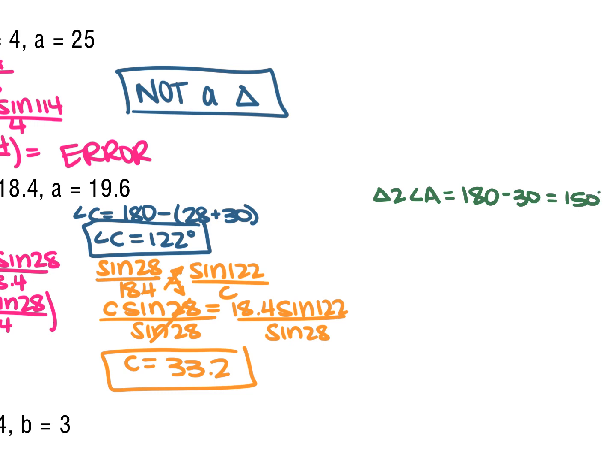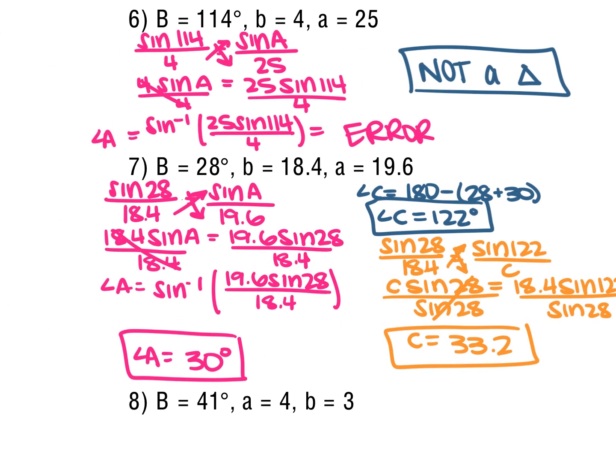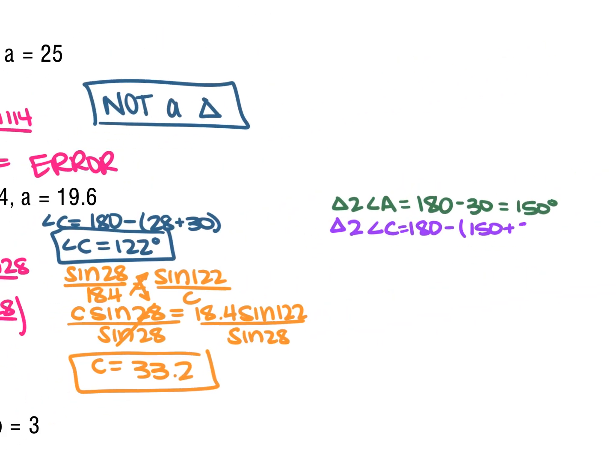If we had a second triangle, that means angle C is going to equal 180 minus the sum of 150 and angle B, which is 28. So 180 minus the sum of 150 and 28 gives us 2.